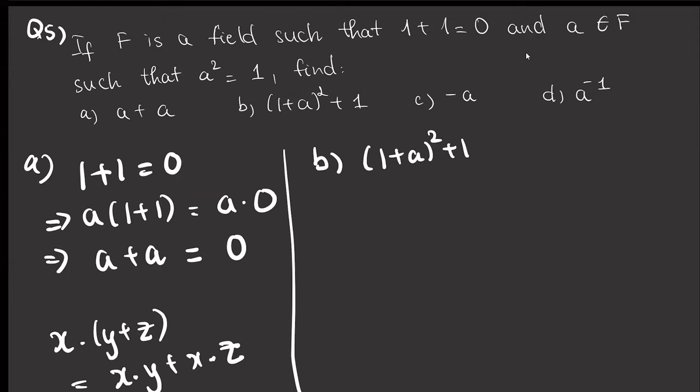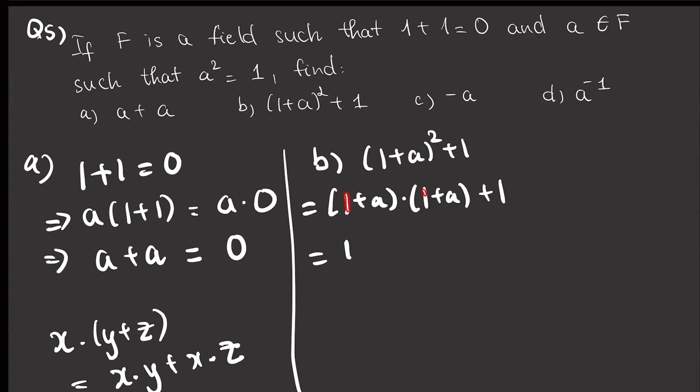Yes, we can expand in a field. We cannot use the quadratic identity, like (A plus B) squared equals A squared plus B squared plus 2AB. We don't know that in a field, okay? However, we can multiply it manually. (1 plus A) times (1 plus A), right? It will be 1 times 1, which is 1, because it is the multiplicative identity.